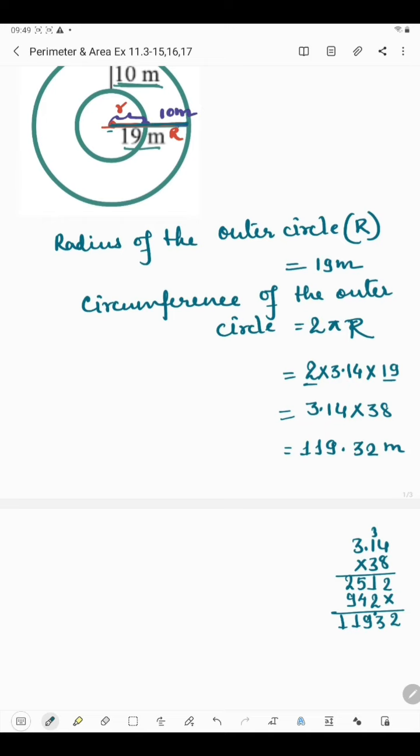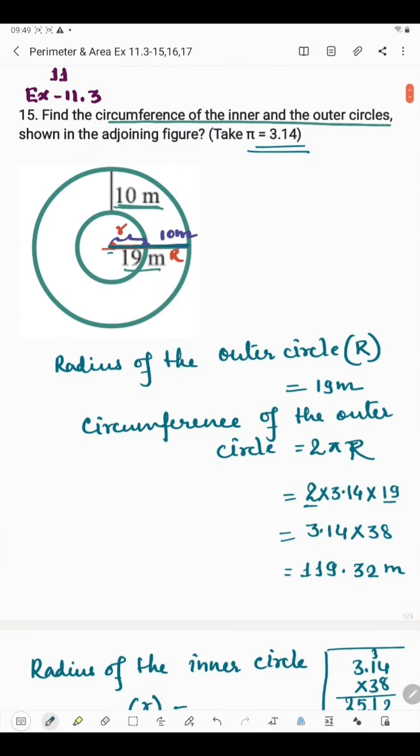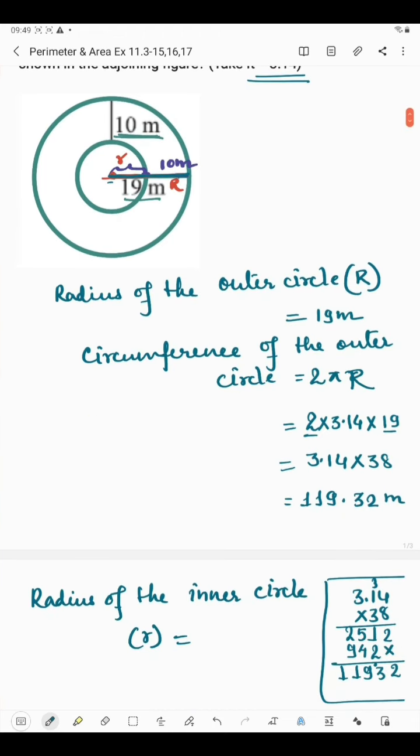Now we will have to find the circumference of the inner circle. For this we need to find the radius of the inner circle, which will be denoted by small r. The radius of the outer circle is 19 meter and the gap between two circles is 10 meter.